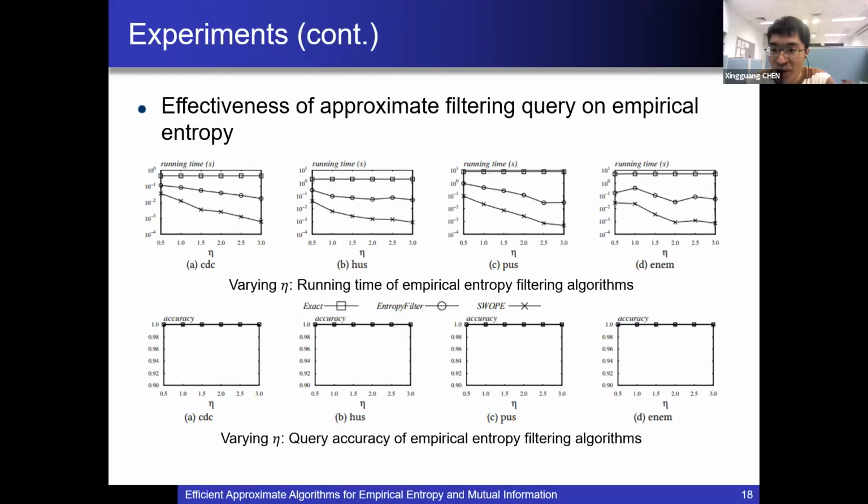Again, our SWAP is up to an order or 3 orders of magnitude faster than entropy filter or exact in most cases. In the meantime, our algorithm correctly reports all the attributes with empirical entropy no smaller than threshold eta in all cases.